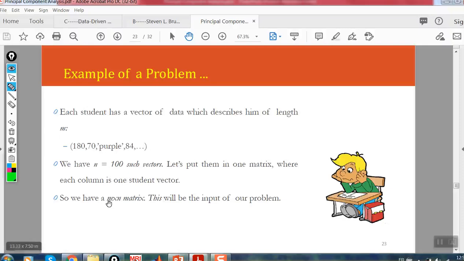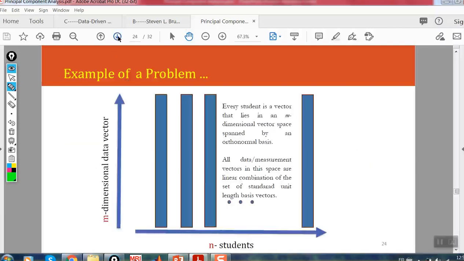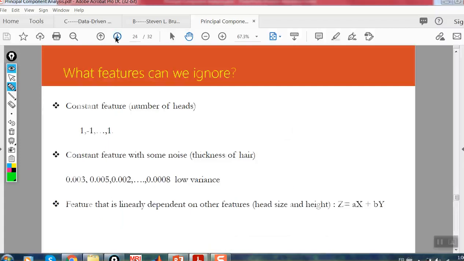M is related to the number of features, the height, weight, color of hair, and n is related to the number of students. Each column of the matrix is related to a student, and the number of rows is related to the number of features.